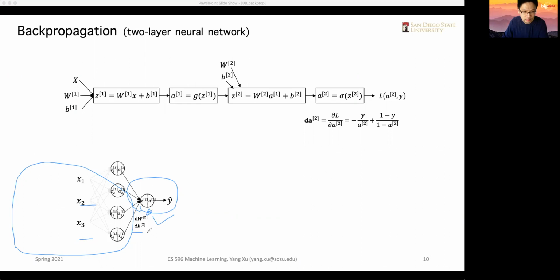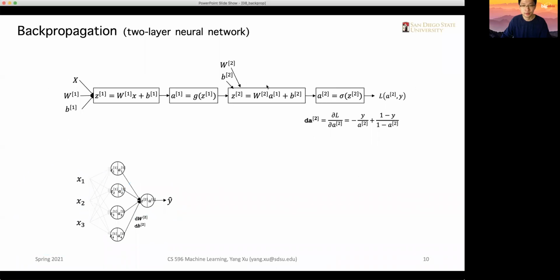if we look at the weight matrix W2, it's basically a matrix, we can also call it a matrix, but it has only one row that has 4 columns, so it's not that different from a vector, right?